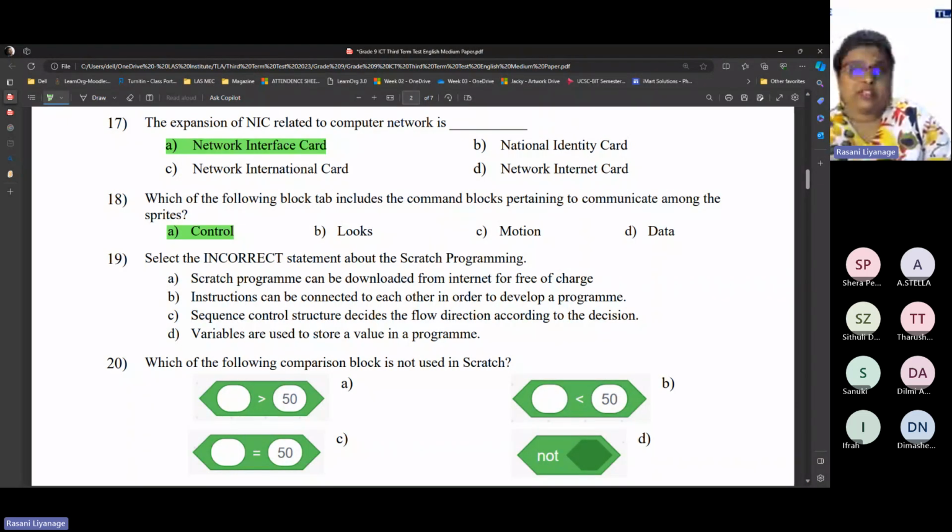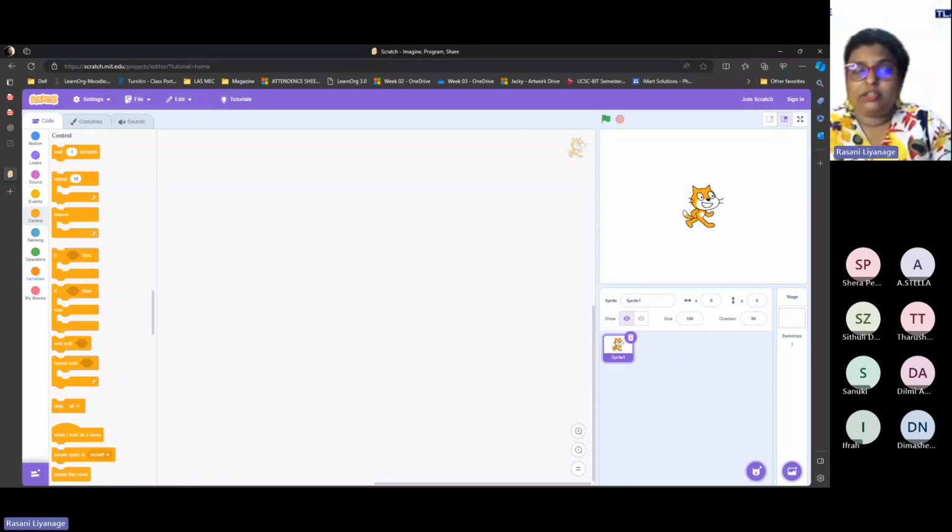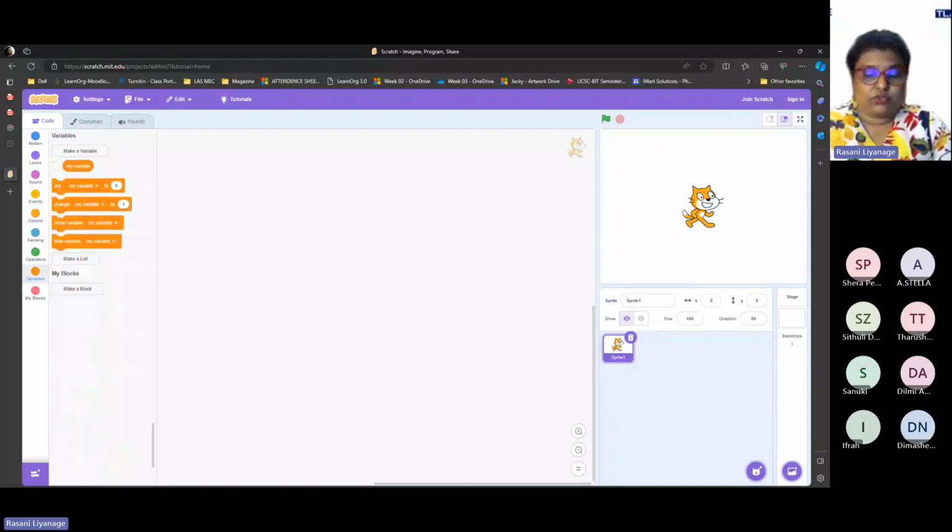One was the sequence, other one was selection, other one was repetition. Sequence goes line by line. Selection makes decisions. So sequence is not the one which is making decisions. So this is the answer. Variables are used to store a value in a program. Of course, yes. Variables are what is used to store values.